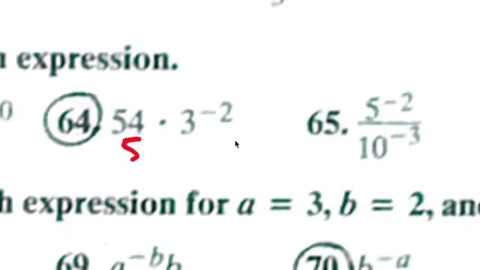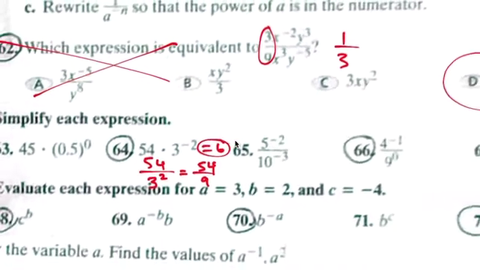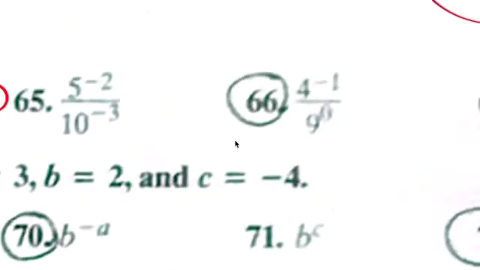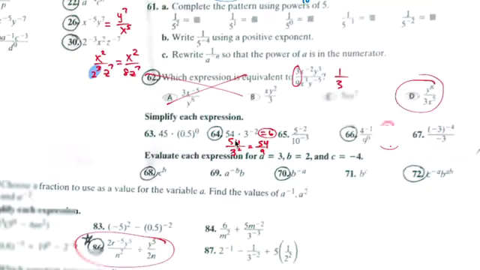This is 54 over 3 squared, 54 over 9, which is 6, right? Okay, 68.